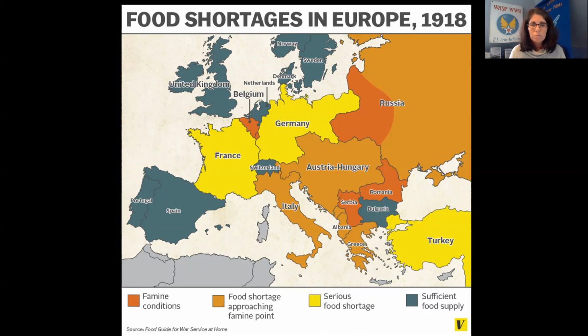And you could see all these places. Again, France was on the edge of mutiny in part because of the food shortage, but Germany is in dire straits. Austria-Hungary, Italy, this whole region is in trouble, and Turkey is in serious trouble as well. So you've got to layer that food shortages on top of that reality of military struggles.